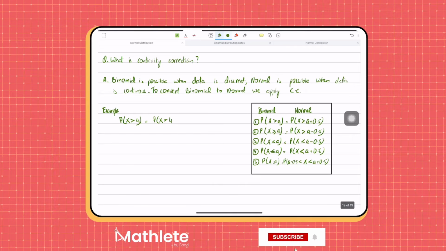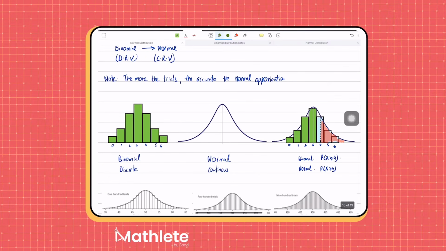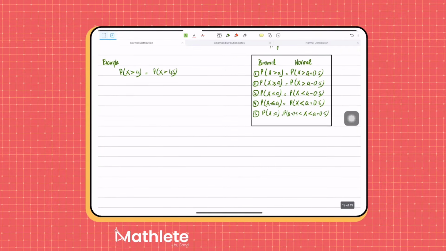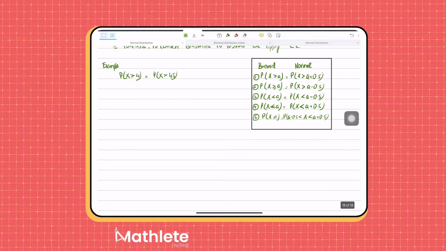No need to write greater than or equal to, simply greater than 4.5. Now, the question is why? Why do we do what we do? So here is why we do it. The explanation is actually a lot simpler than you might think.